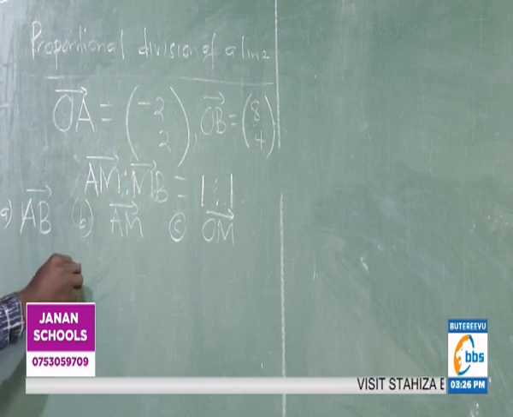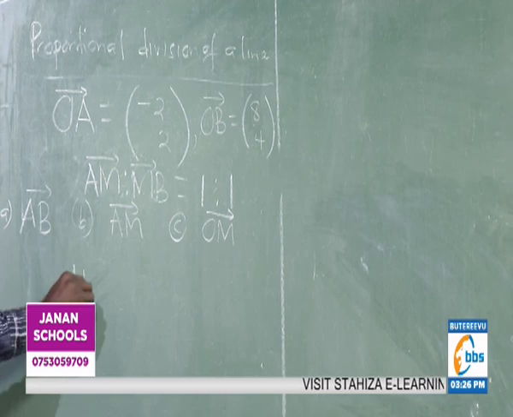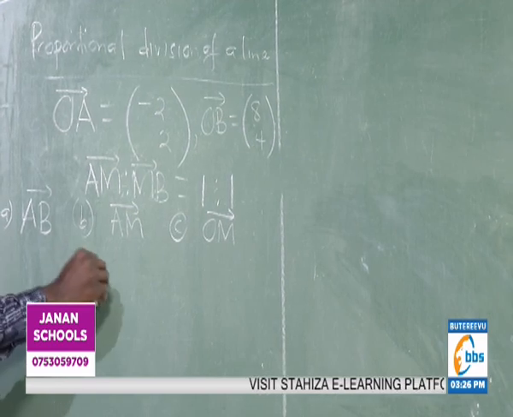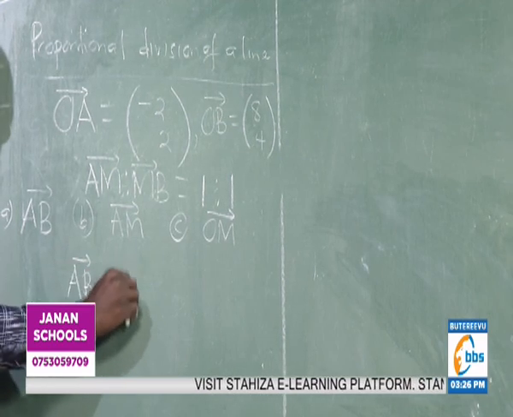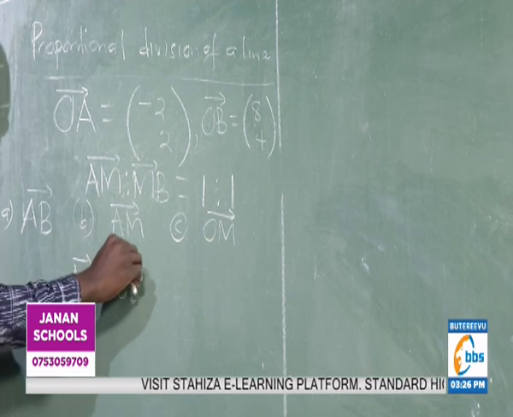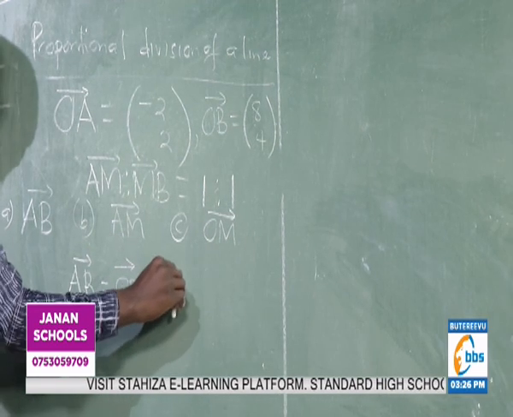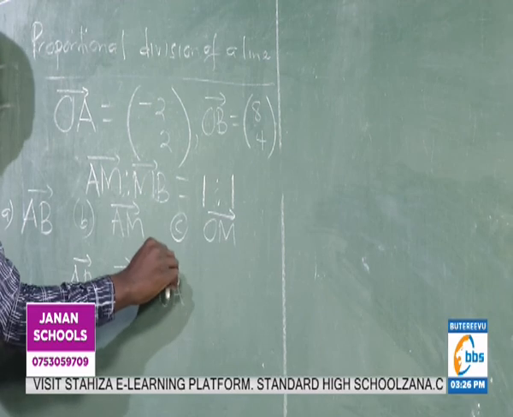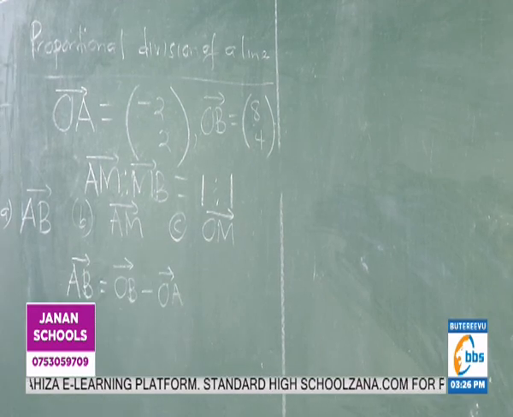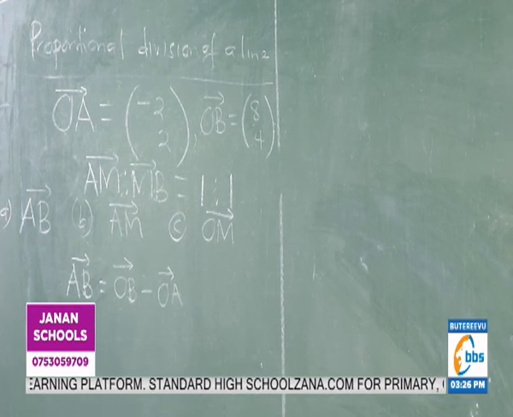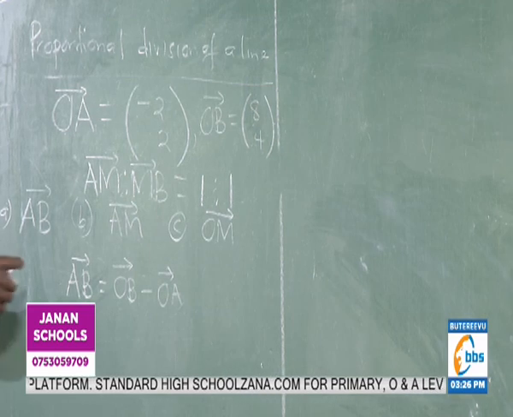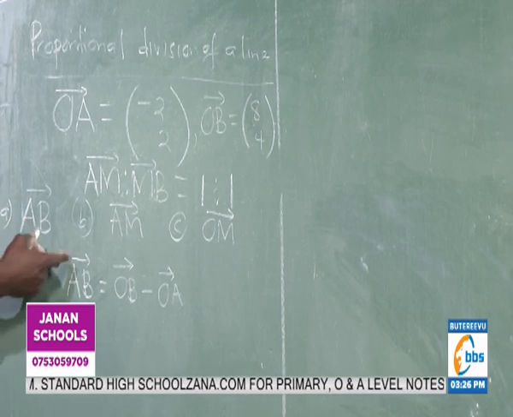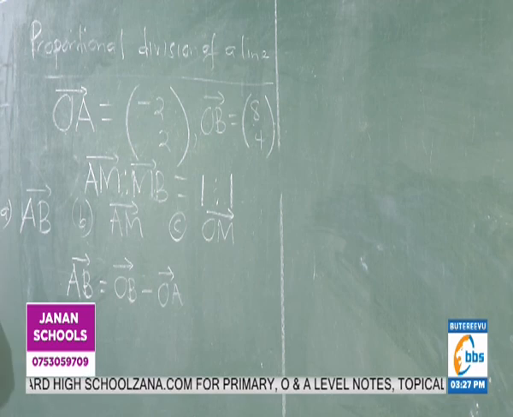So we are going to have our AB equal to OB minus OA. And I told you, even if you just say it's going to be the same thing as AO plus OB, we have been doing that so many times.